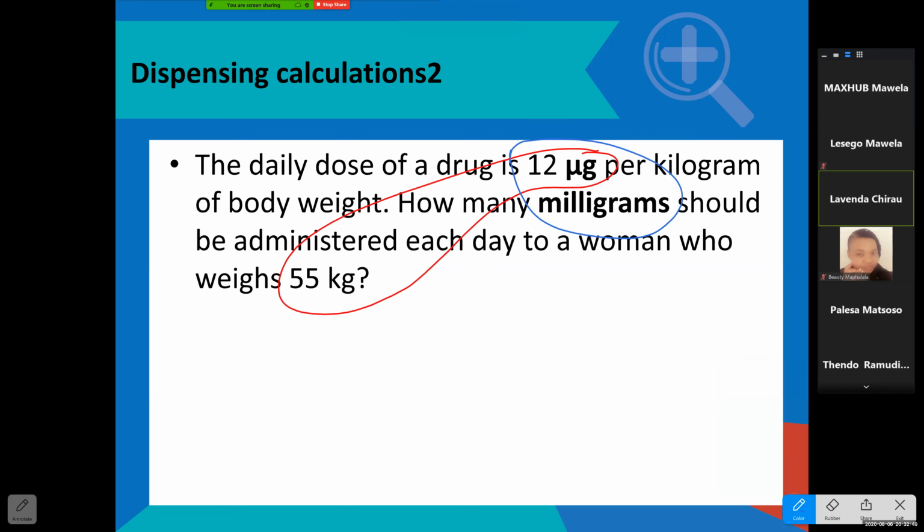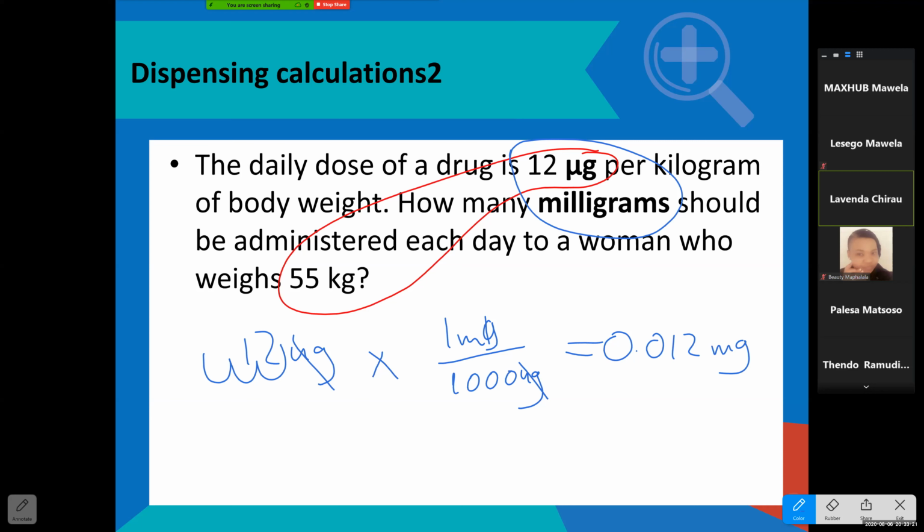So the way you have done it, you have said 12 micrograms multiplied by 1 milligram over 1,000. That's why you are dividing. I have to give you the reason why we are doing it this way. That will give you 0.012, right? So now this is in milligrams. It's no longer in micrograms.